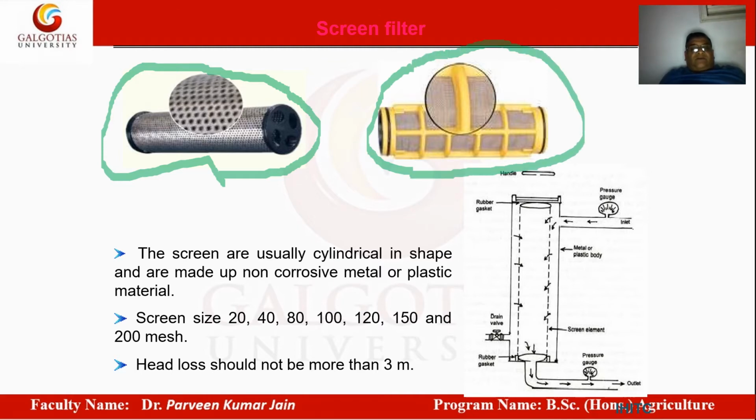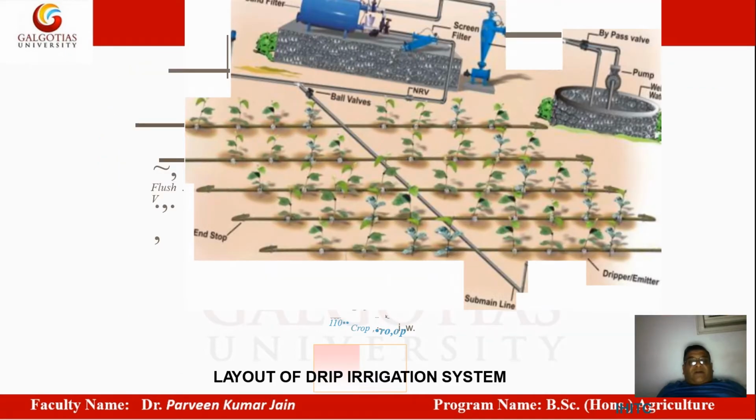Sometimes when you do not need much cleaning, only these kinds of filters are used, and the cost of sand and hydrocyclone filters is saved. Different types of mesh are used in these filters, and accordingly their names are given.